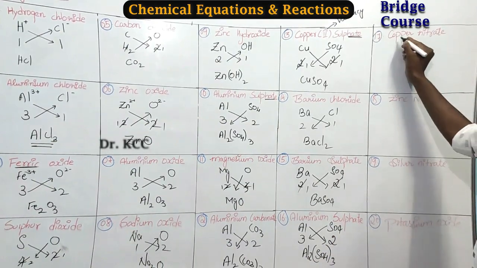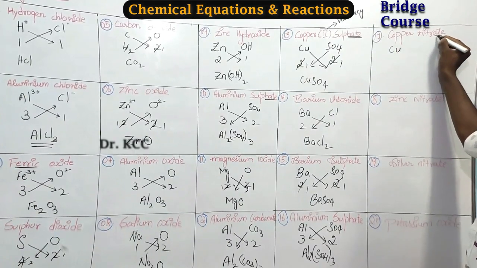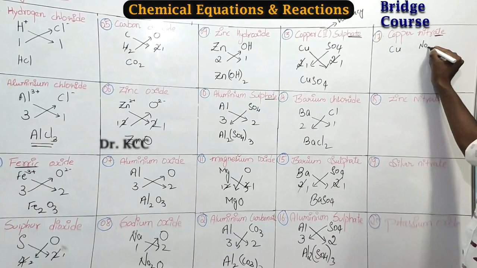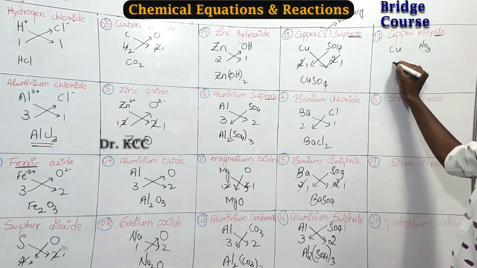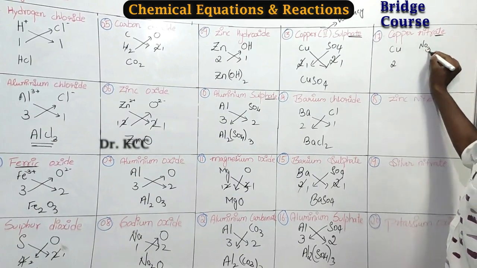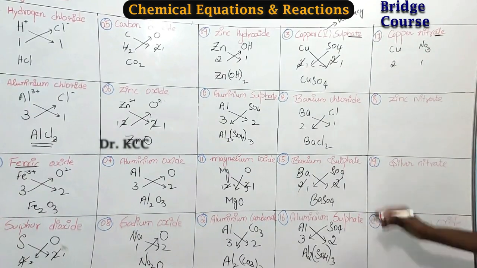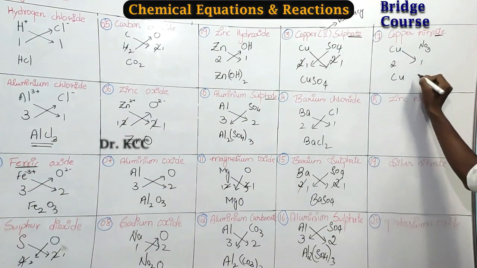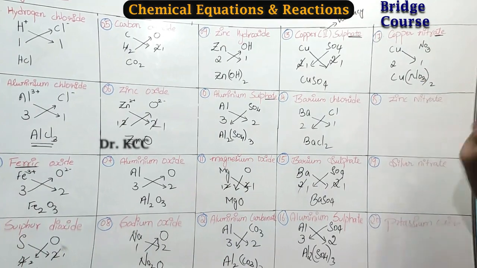Then next is copper nitrate. You know the symbol for copper is Cu. Be very careful, this is nitrate, so nitrate is NO3. Done. So copper, the valency is 2, this nitrate NO3 is NO3 minus, valency 1. Clear? Now when you cross multiply, you will get copper once, NO3 twice.